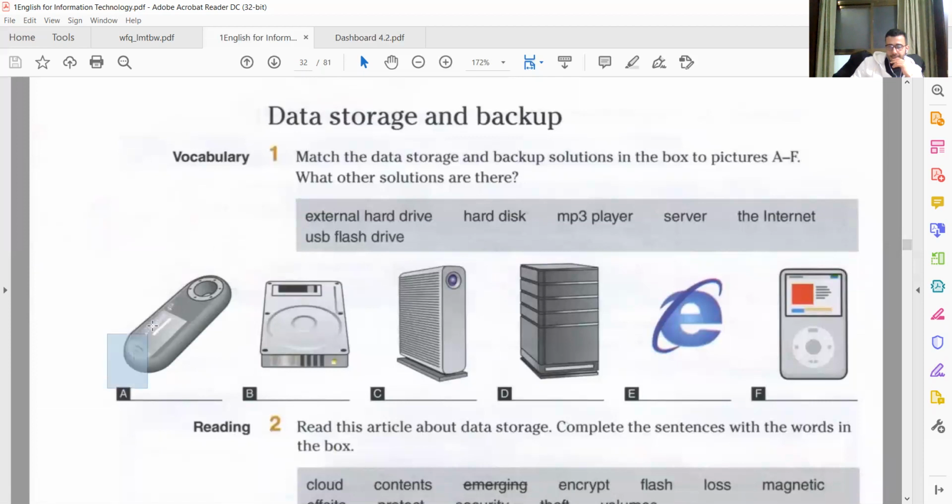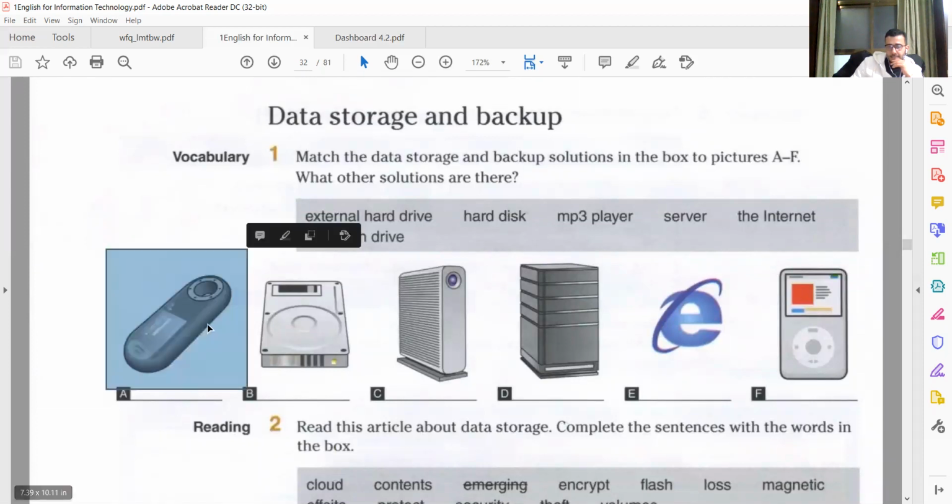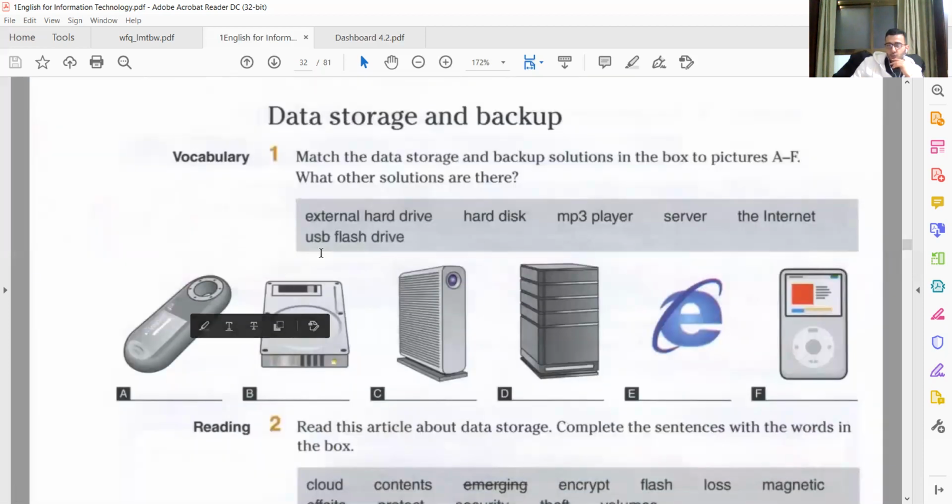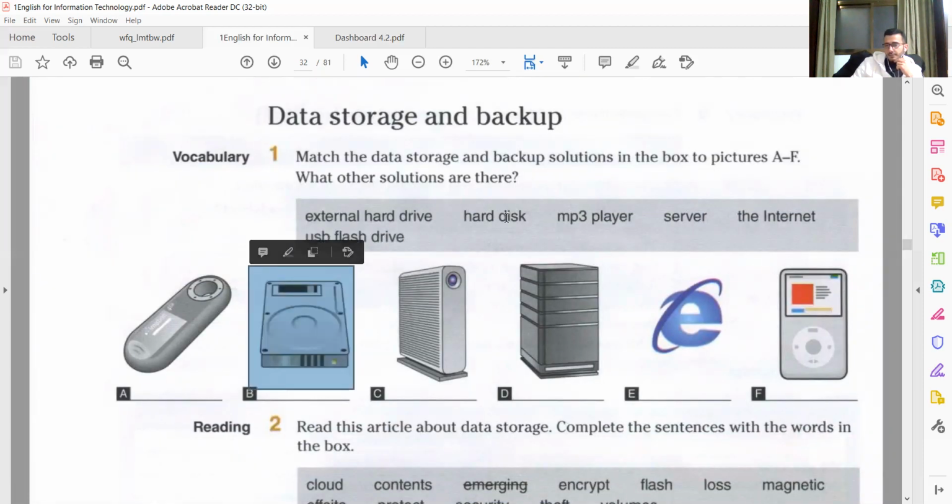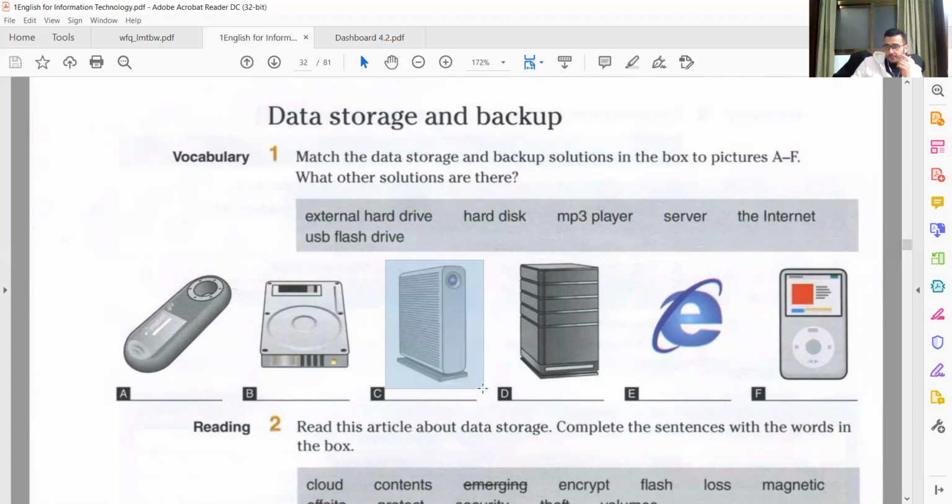This is a USB flash drive. This is a hard disk. We all know what a hard disk is, right? This is an external hard drive. And this is a server.